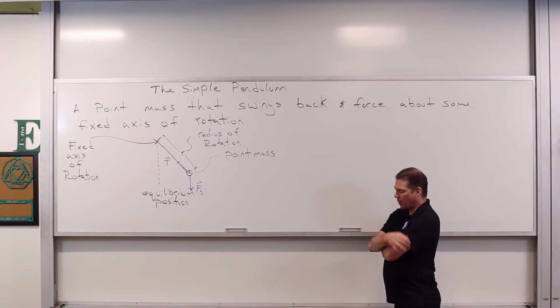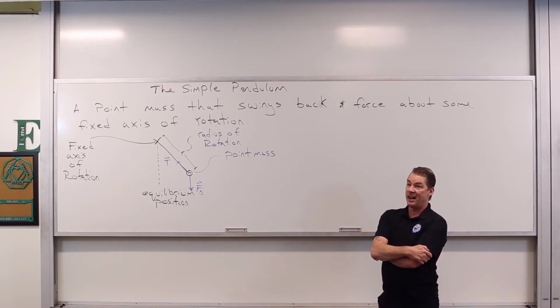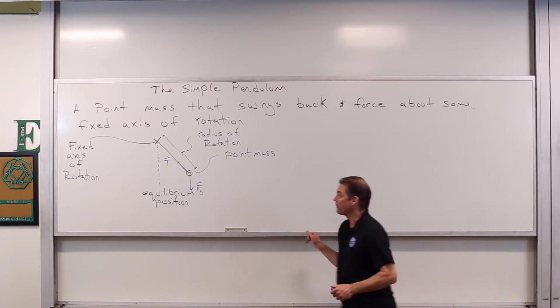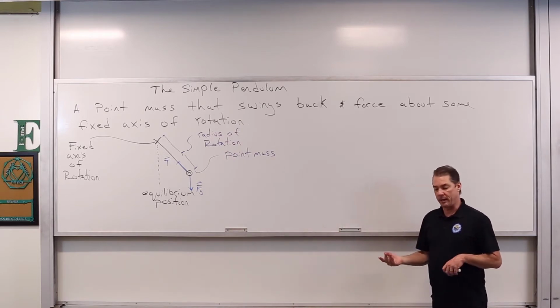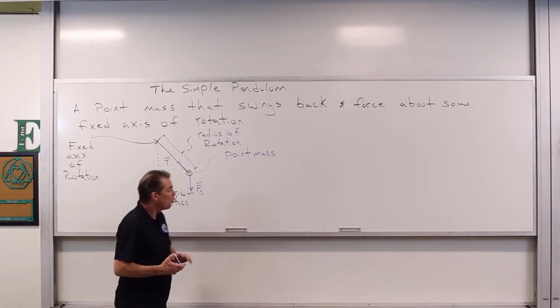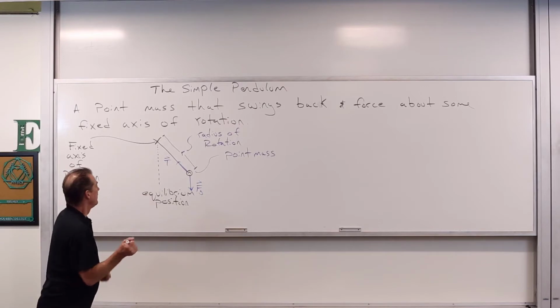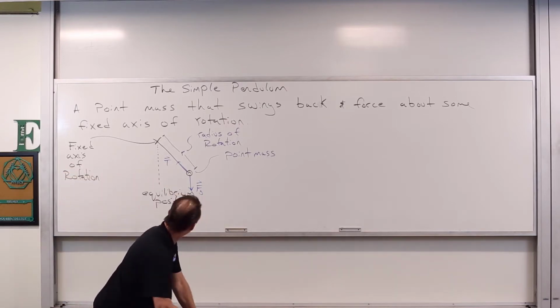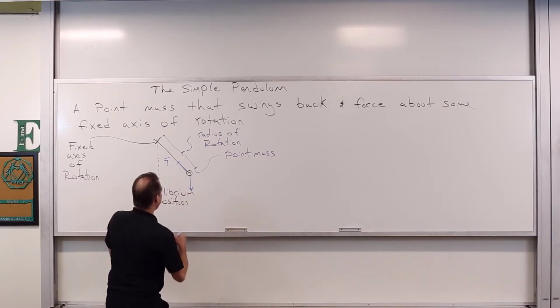Well, what happens if we go ahead and resolve this gravitational force into two components? A component that is aligned with the string and a component that is perpendicular to the string. That is a parallel and perpendicular component, or equivalently, a radial and a tangential component. So, I'm going to move this down a little bit because it's going to be in my way.